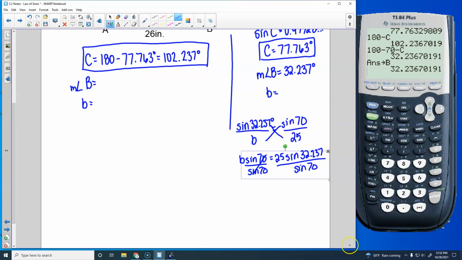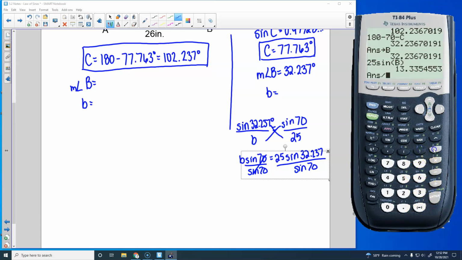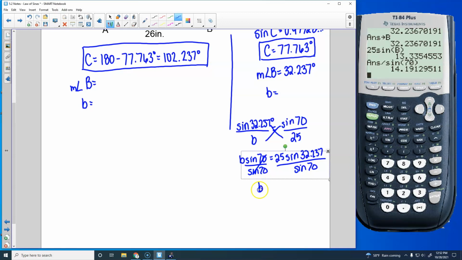And I have stored, this number right here is my B, so I can type it in like this, 25 sine of B divided by sine of 70. And it will give me that side B equals 14.191. So this is one set of possible answers here.